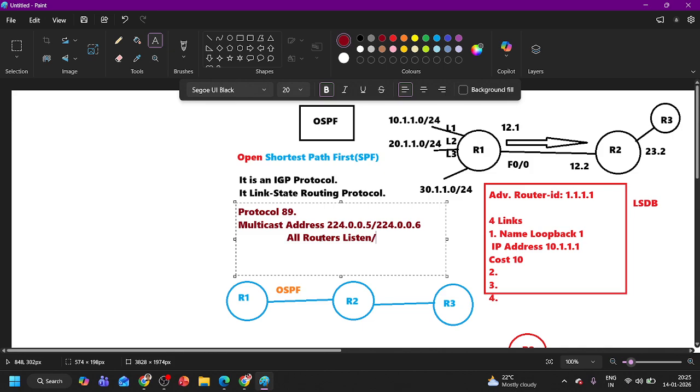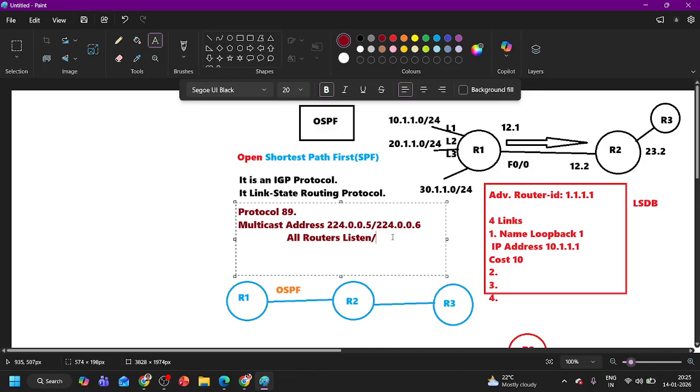Listen means if an interface has joined a multicast group, it is going to receive packets where the destination is that multicast address, which means that interface is a member of that multicast group. As soon as you enable OSPF on any router, that router is going to join this multicast group.